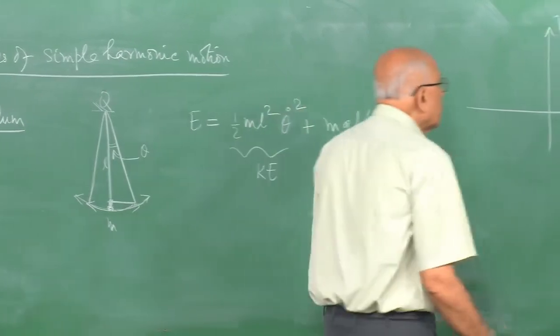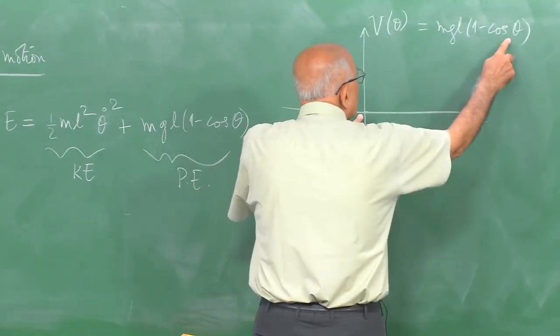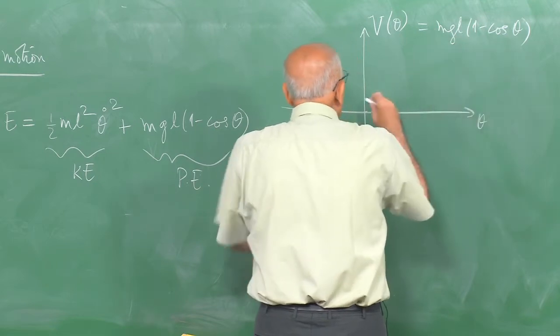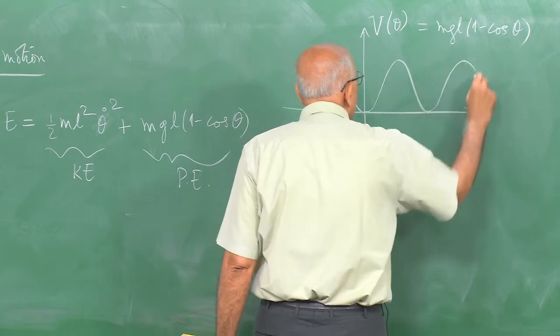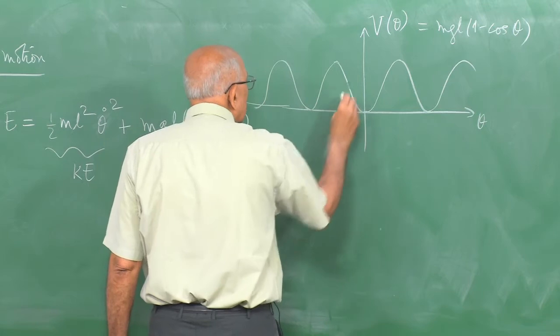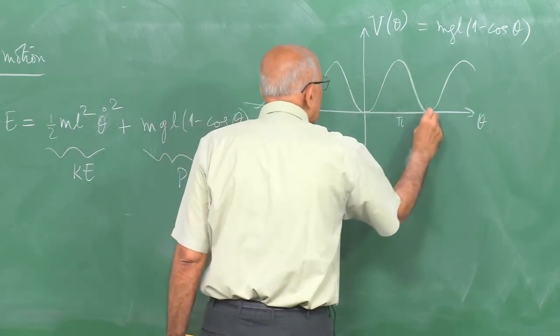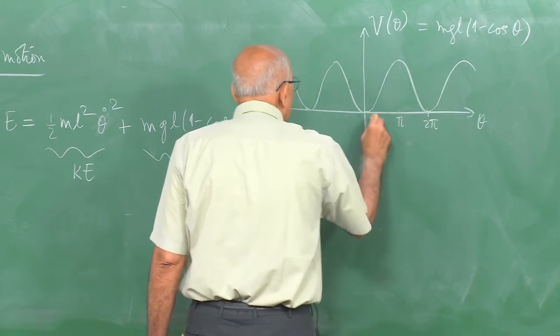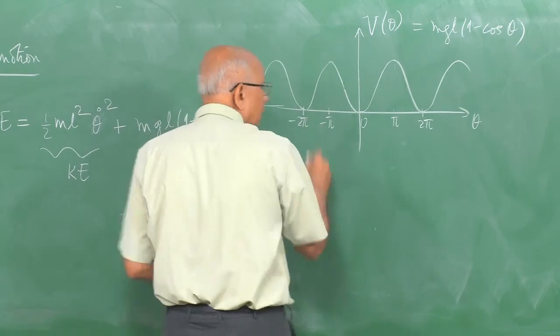And it is clear that when theta is 0, the potential is 0, and it is maximum when theta is pi, then it is twice mgL, and then it periodically oscillates back and forth in this fashion. And this point here is pi, this is 2 pi, this is 0, this is minus pi, this is minus 2 pi, and so on.